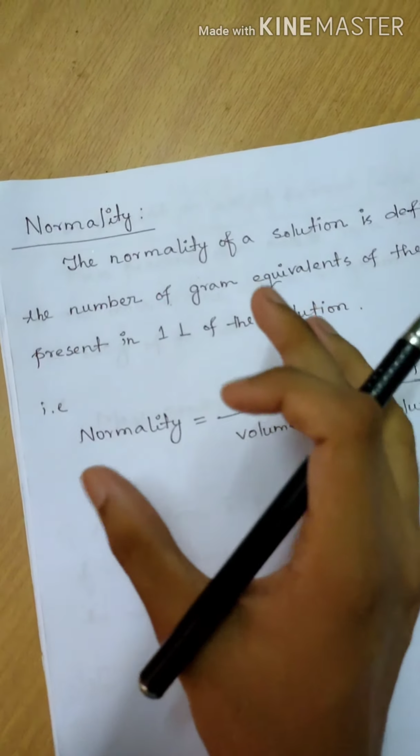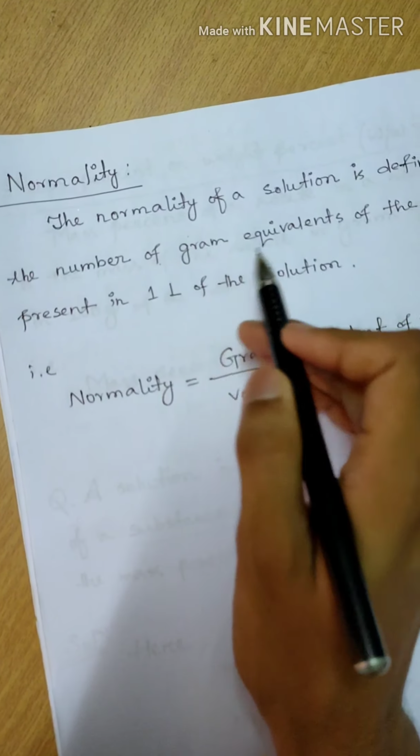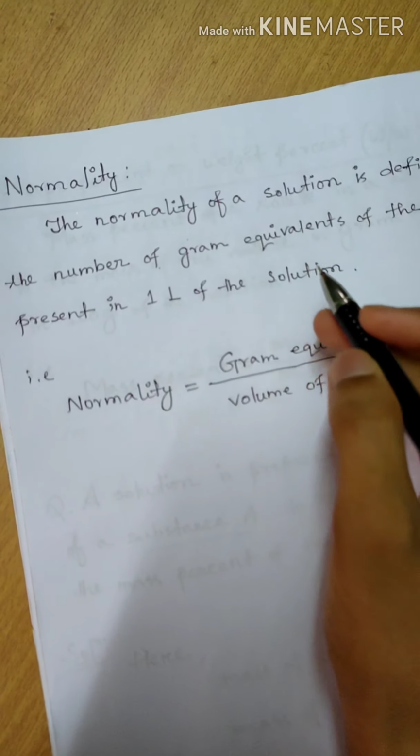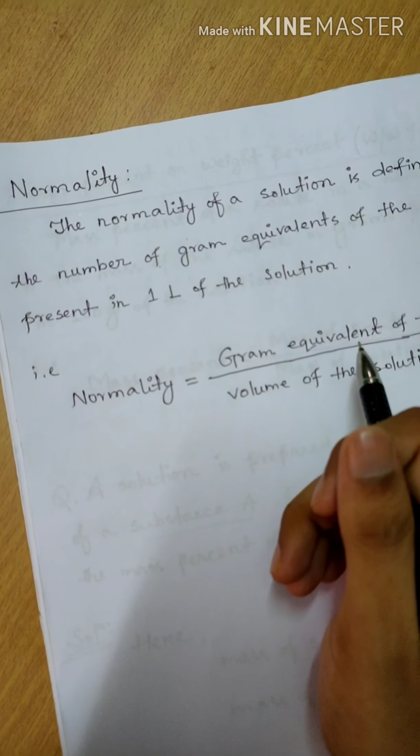Okay, so if we divide the number of gram equivalents of the solute by the volume of the solution in liters, then we shall get the normality of any solution.